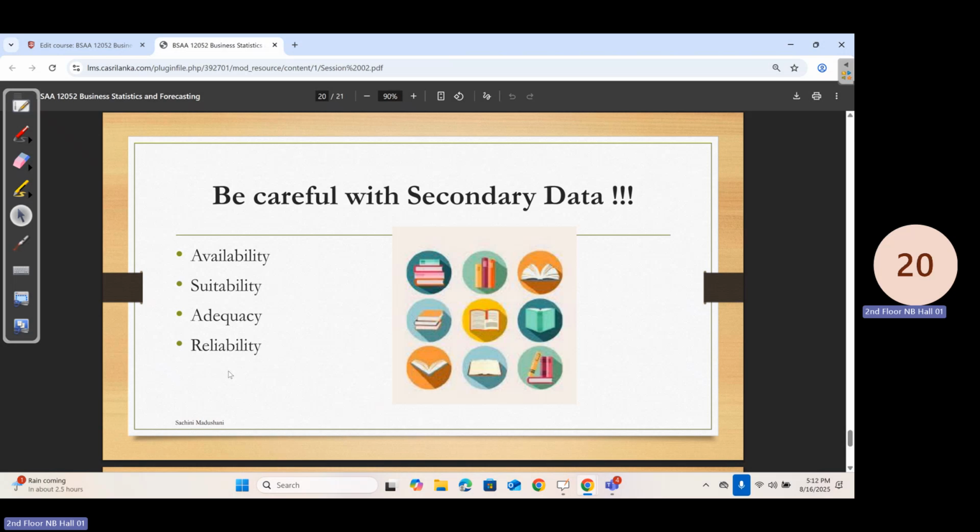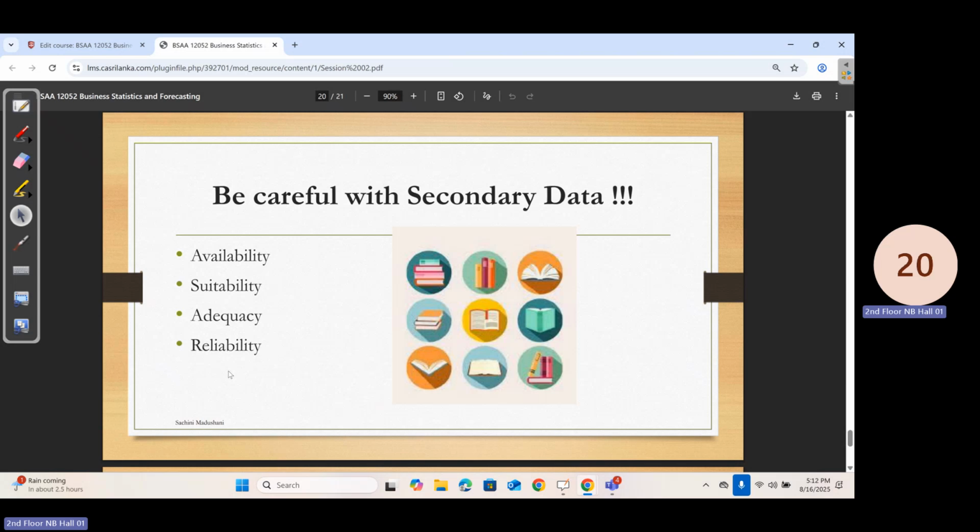Then after all these 4 components, 4 conditions are okay, we can collect the secondary data. Other than that, we cannot use the secondary data. It's clear? First we check whether this kind of data is available or not. After that we check whether the available data is appropriate or relevant to our study.